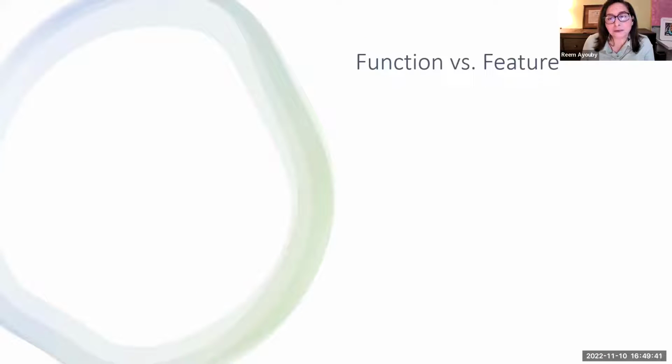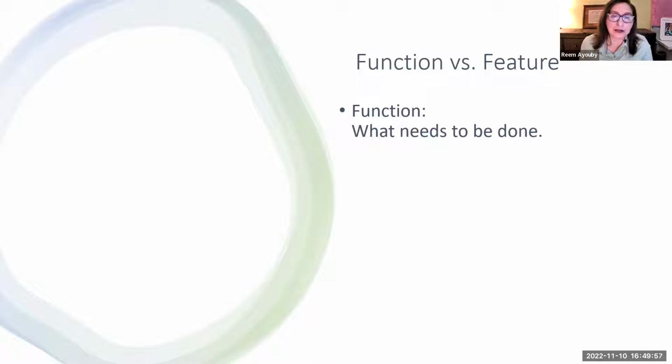So first, I'd like to distinguish between function and feature. A function is what needs to be done. And that can be very much related to, for people who were here before, the jobs to be done framework.